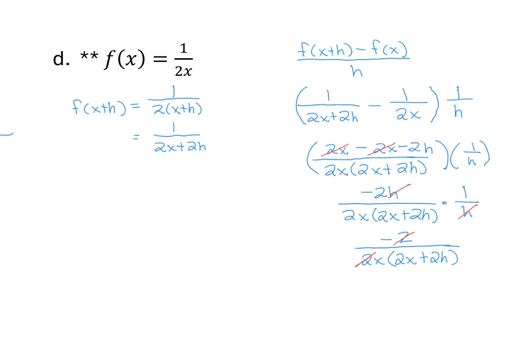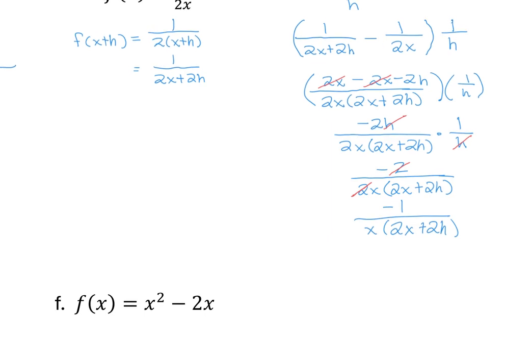And so what we are left with is negative 1 over x times 2x plus 2h. If you want, you can distribute the x. It's not going to really matter. This way I would say is considered acceptable.